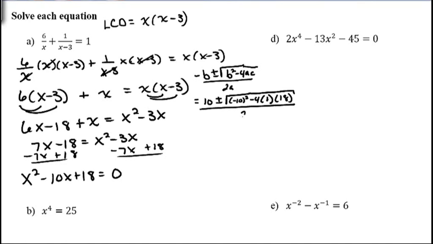And this is all over 2 times a, and a for us is just 1, so that would be 2. So I have 10 plus or minus the square root of 100 minus 4 times 18, so that's 72, all over 2.